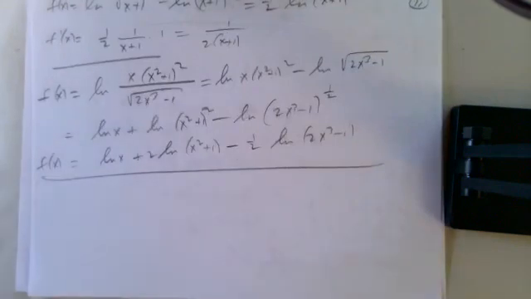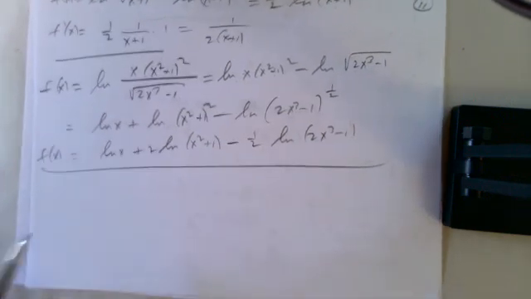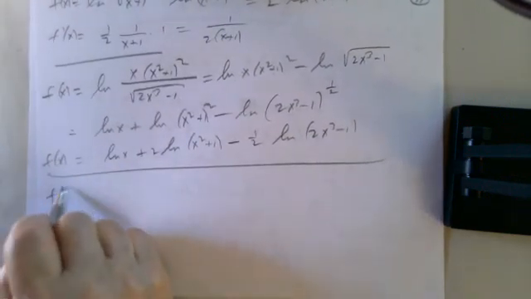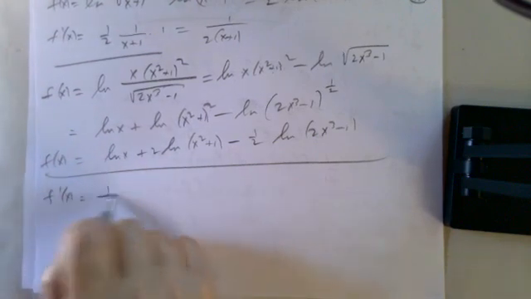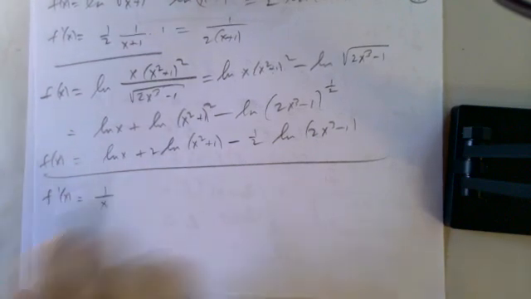So using properties of the logarithm, we can break this up into more terms, but simpler terms, and we can differentiate term by term. So f prime of x: the derivative of log x is 1 over x.